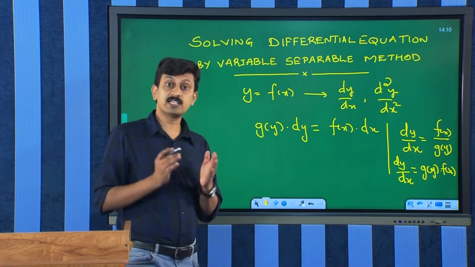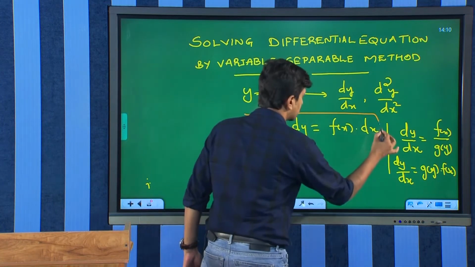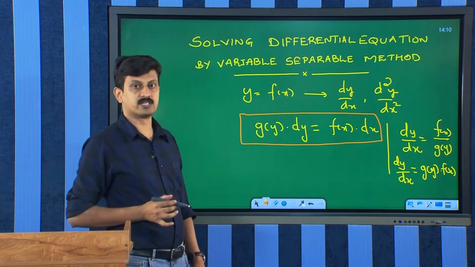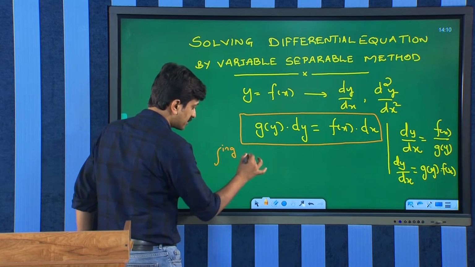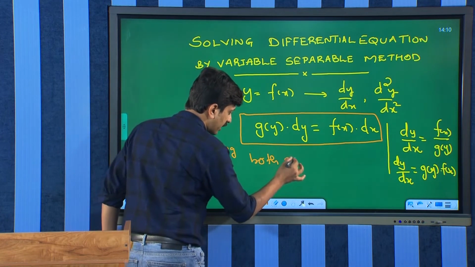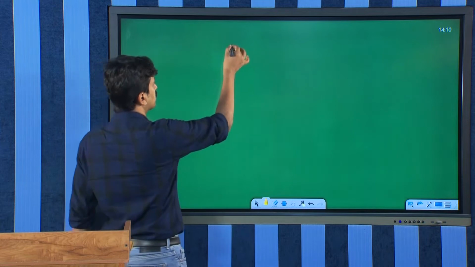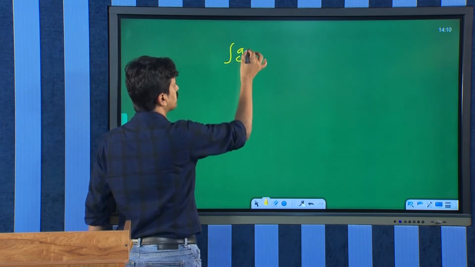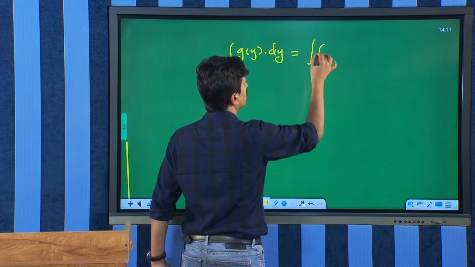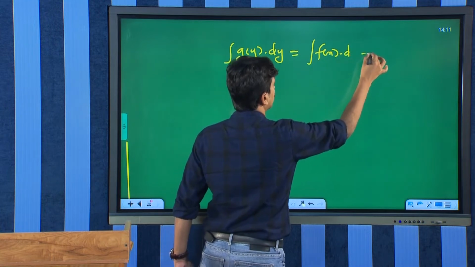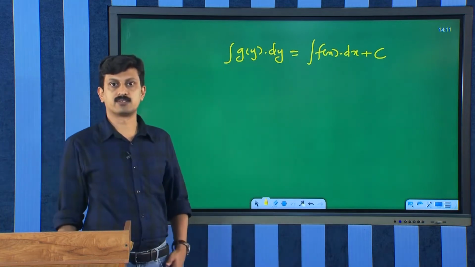So, if there is a first order differential equation of this type, we can simply solve it by integrating both sides. While integrating both sides, we will have the integral of g of y into dy is equal to the integral of f of x into dx plus c, where c is the arbitrary constant.